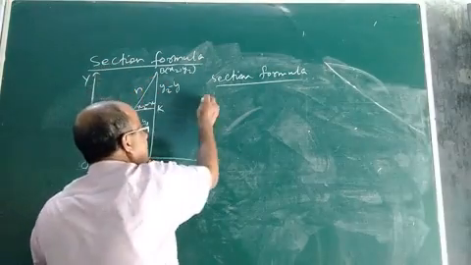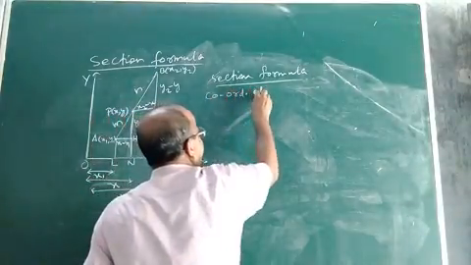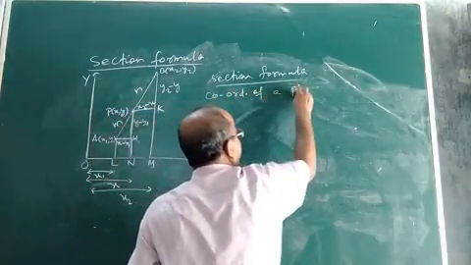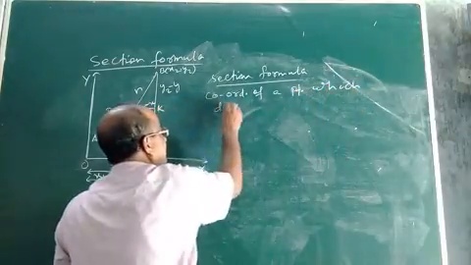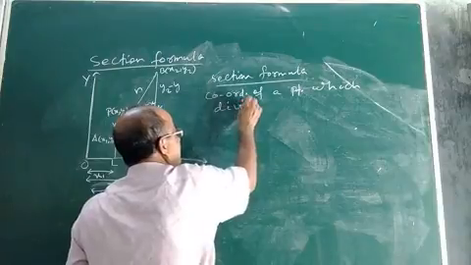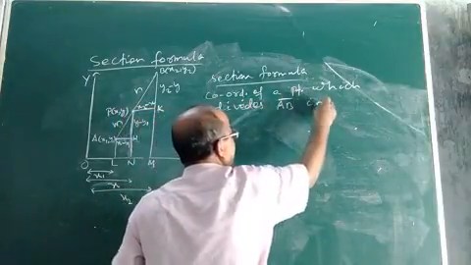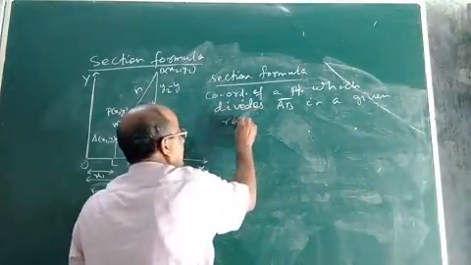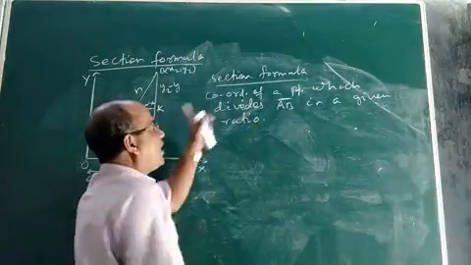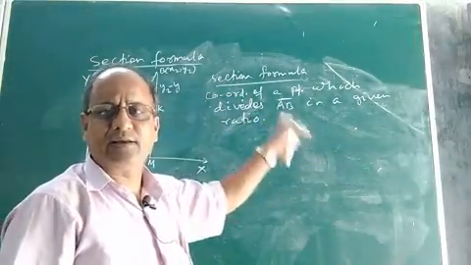Section formula gives the coordinates of a point which divides a line segment AB in a given ratio.